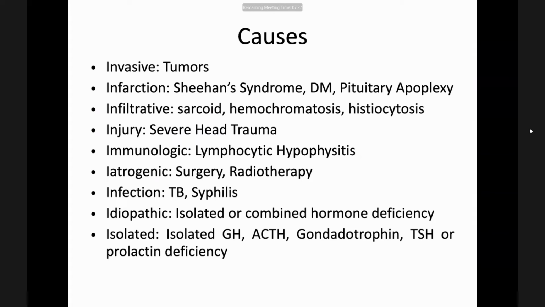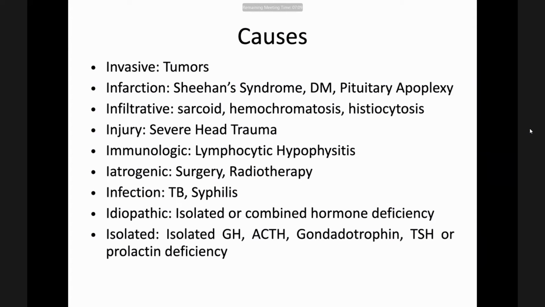Similarly, infarction, that means the cells अथवा tissues lose their blood supply and die, so there will be loss of pituitary hormone, like Sheehan syndrome, diabetes mellitus, and pituitary apoplexy.